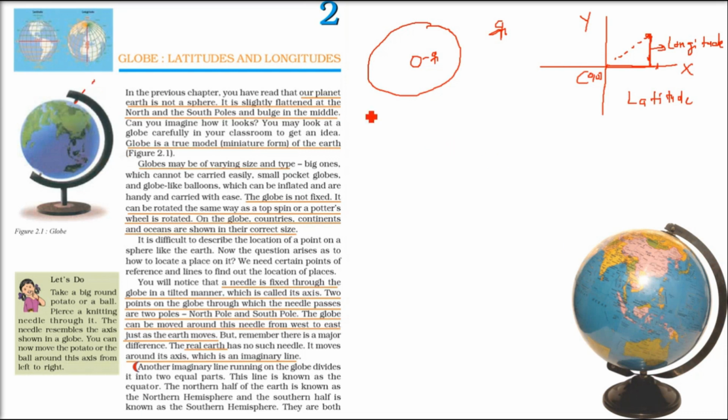Now you will realize that there is something unusual in this globe. This ball or globe is tilted. If I take a ball and I want an axis, some imaginary line, it is okay. But if I put it like this, somebody will say you have put it the wrong way, you didn't keep it perpendicular to the diameter.